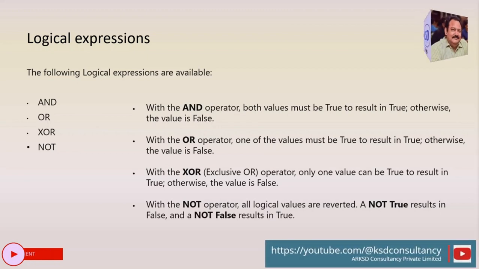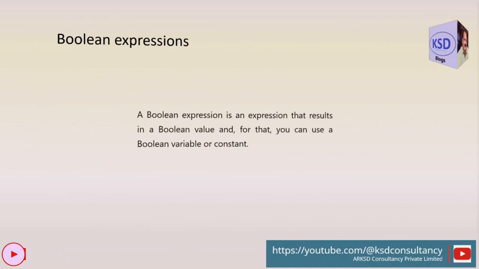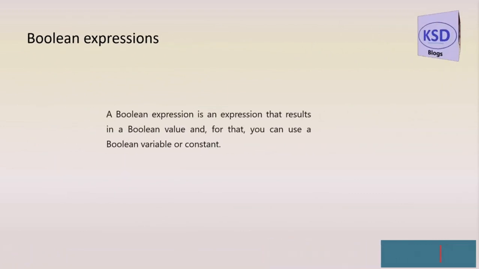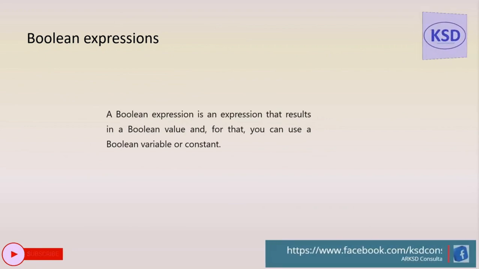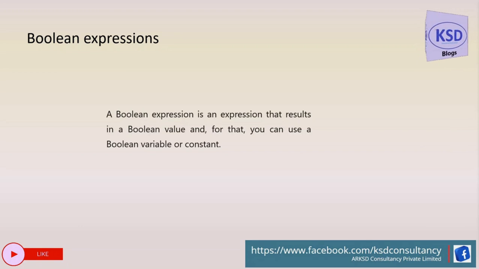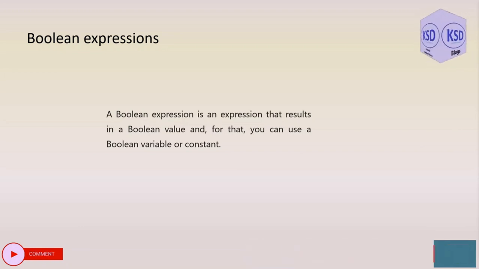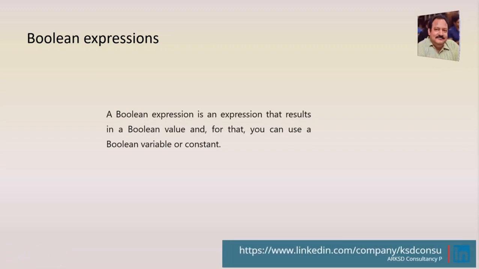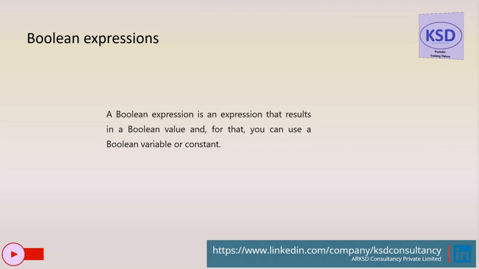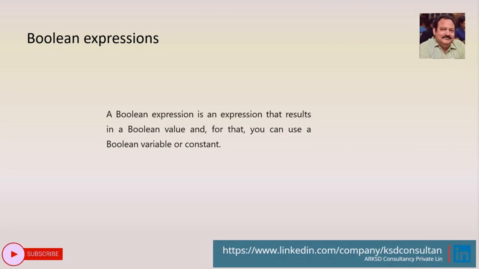Then is Boolean expressions. So when programming or using application language, you will also encounter Boolean expressions. A Boolean expression is an expression that results in a Boolean value. And for that, you can use a Boolean variable or constant.